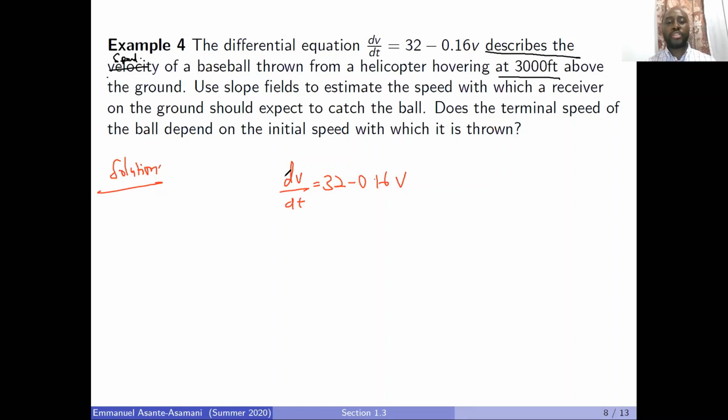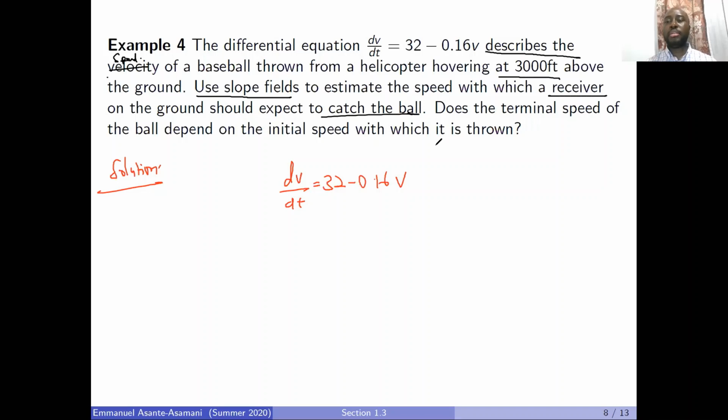The differential equation is modeling the speed of the baseball at any point in time. Now the question is to use slope fields to estimate the speed with which a receiver on the ground should expect to catch the ball. And the question is, does the terminal speed of the ball depend on the initial speed with which we throw it?